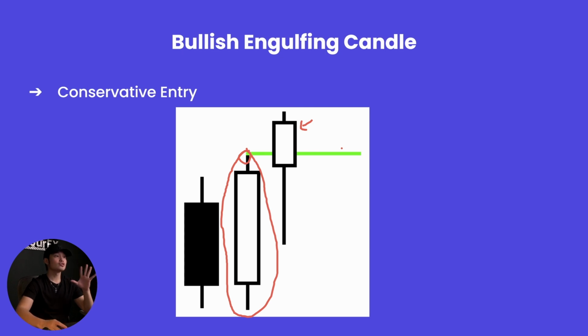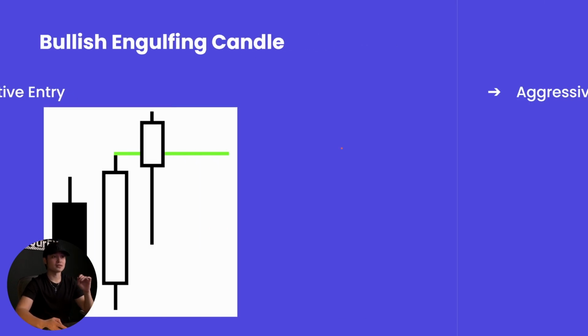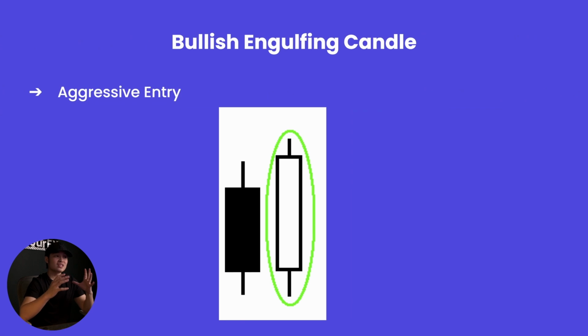Then let's go to the more aggressive entry. On the bullish engulfing candle right here, you can enter directly based on the engulfing candle. That's why it's called aggressive.